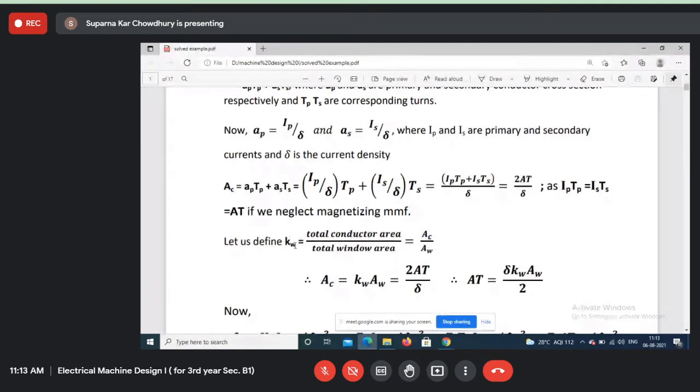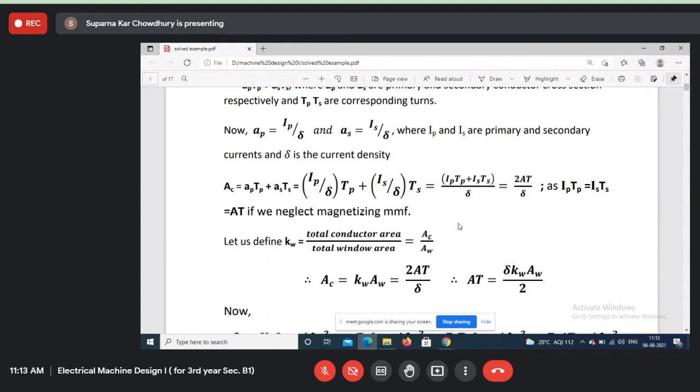Now we define a factor, the window space factor Kw, that is the total conductor area divided by the total window area. The conductor area we have calculated, but besides this there will be insulation, interturn insulation, then ducts, then a gap between the primary and secondary winding and the two sides of the secondary winding. So that area has to be provided, and the actual window area will be more than the conductor area.